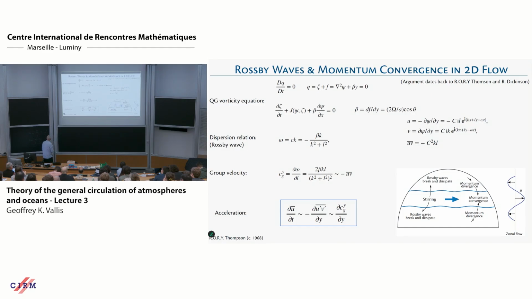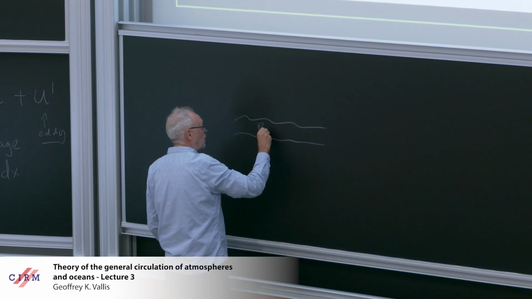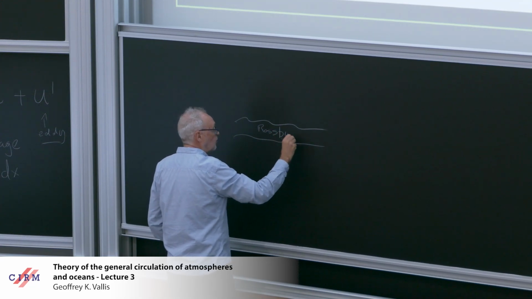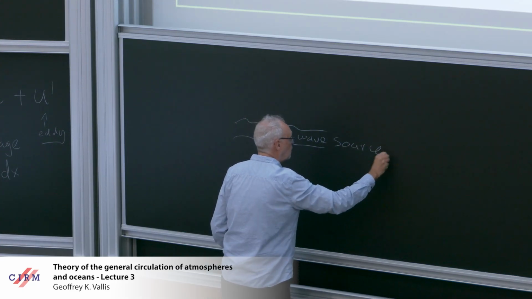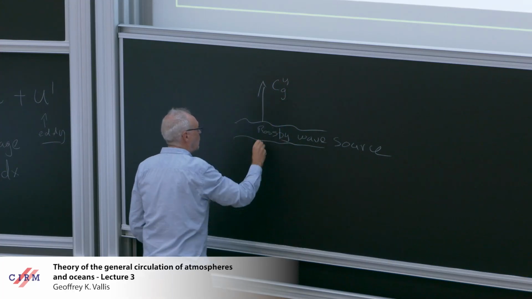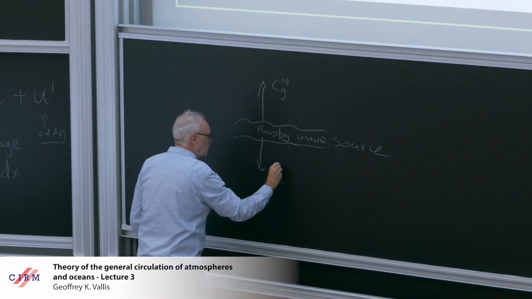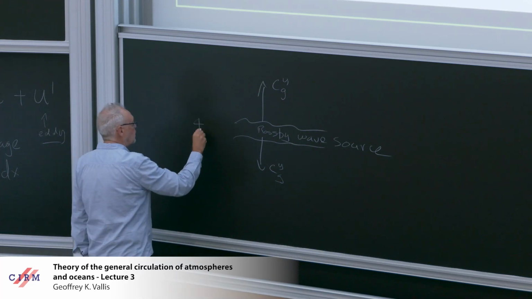Okay, so if I just summarize the whole thing on the board, Rossby wave source here, CG in the y direction, CG in the y direction. This is mid-latitudes, about 45 degrees.